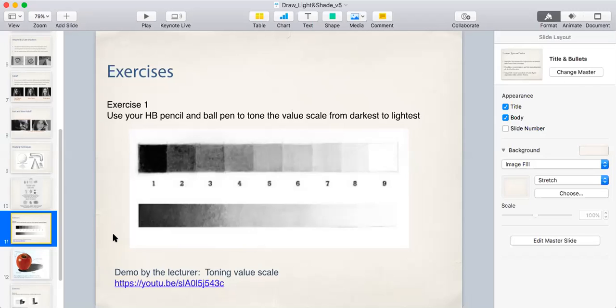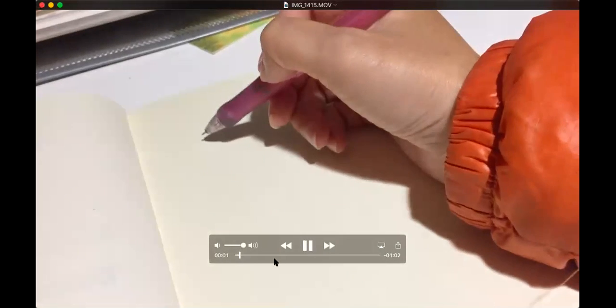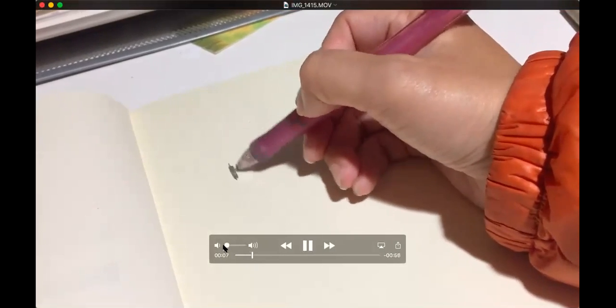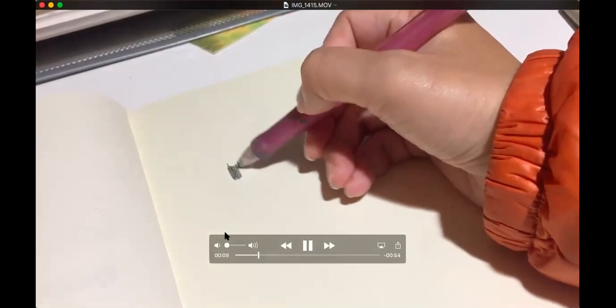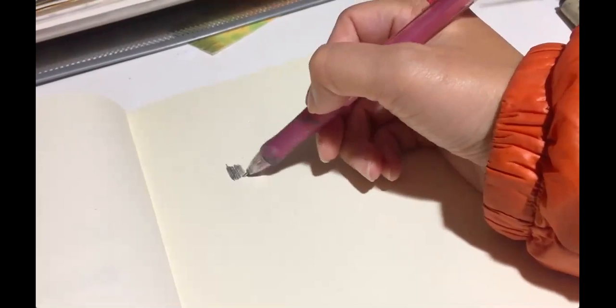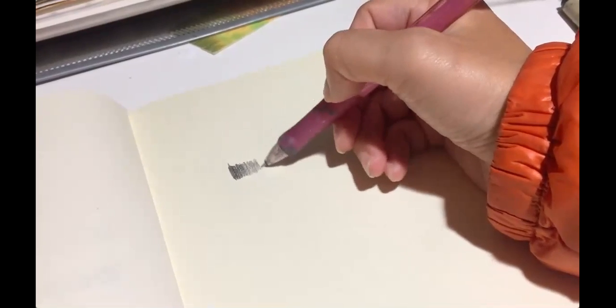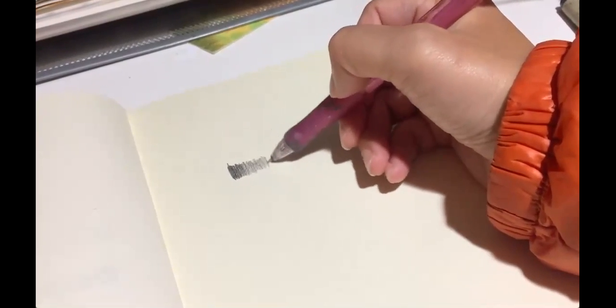And now I will show you a demo by me doing the toning value scale. So you can see that I'm using a HB pencil to do the toning. Let's start with the darkest part first.